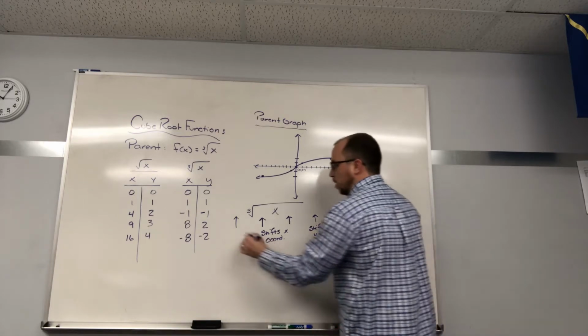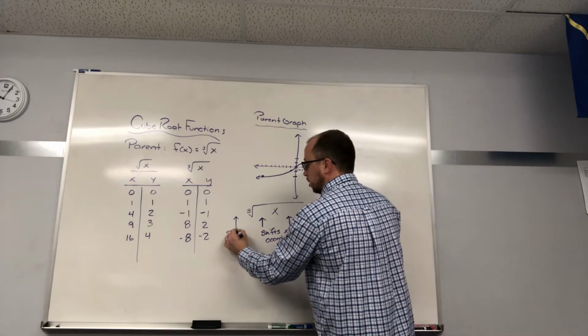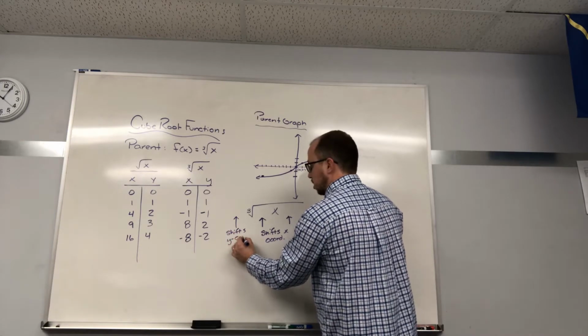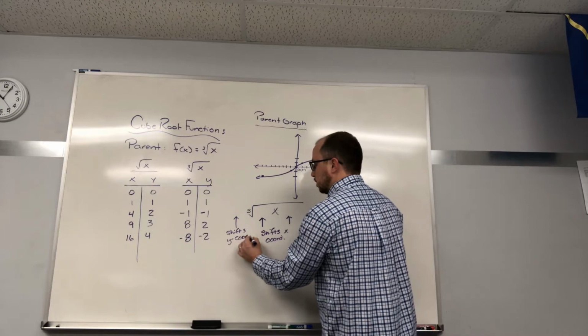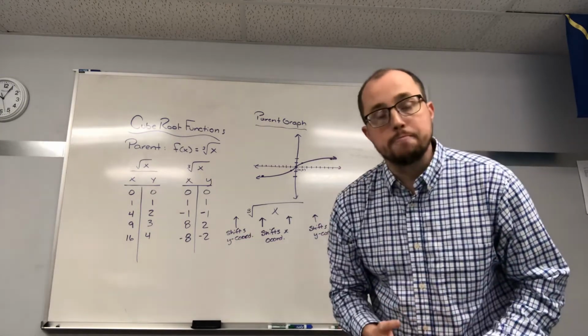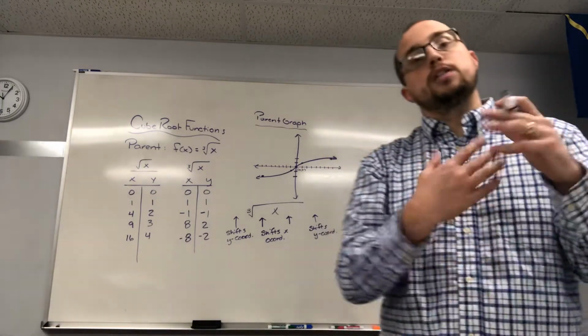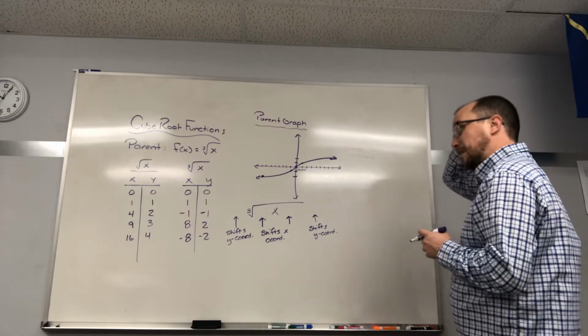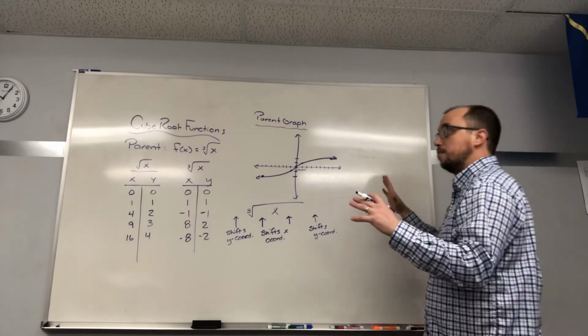Okay? Not a whole lot different from square root graphs. We still have stretches, we still have slides, we still have shrinks, we still have flips. Not a major difference. Okay, so that's kind of our overview.